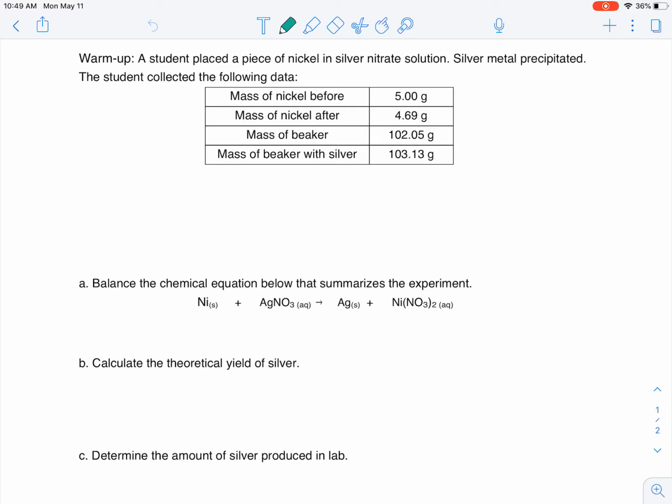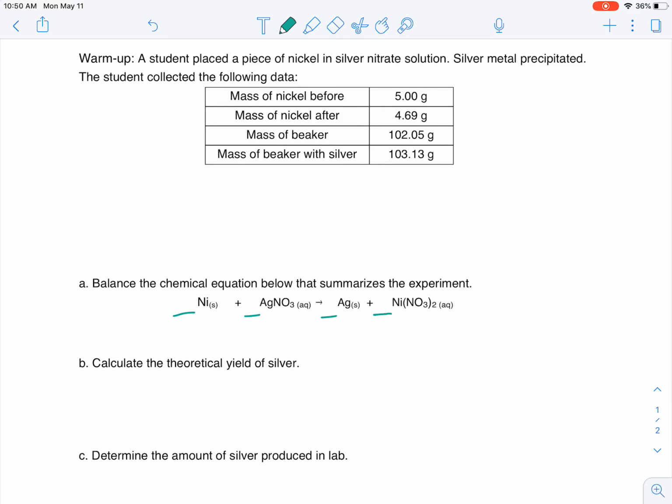Nickel is obviously Ni. It's solid, reacts with silver nitrate, a +1 -1, aqueous solution, to yield silver, which is solid, plus nickel nitrate, which is aqueous. Now in this particular reaction, even though I gave you the equation, it is not balanced.